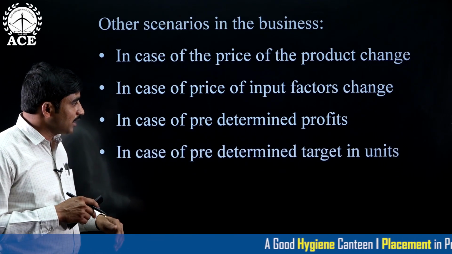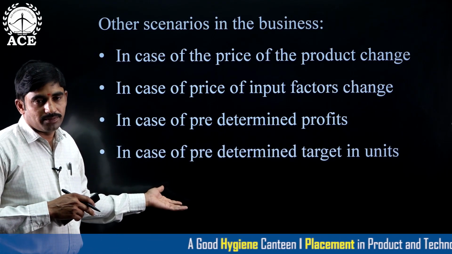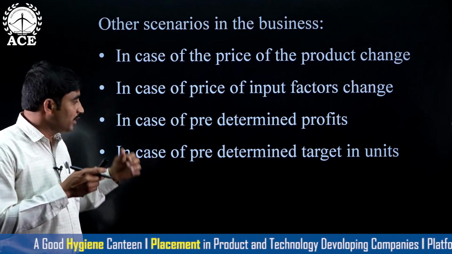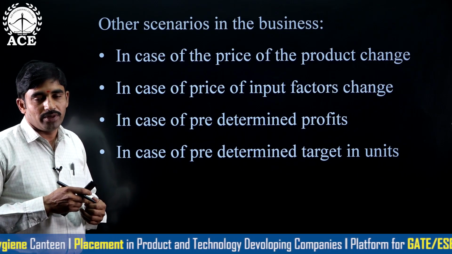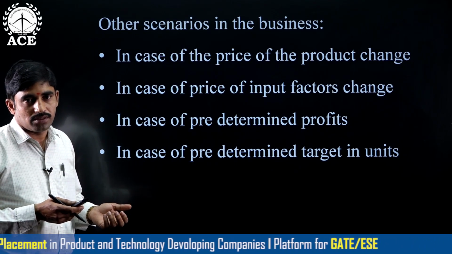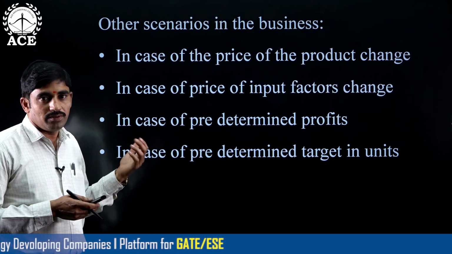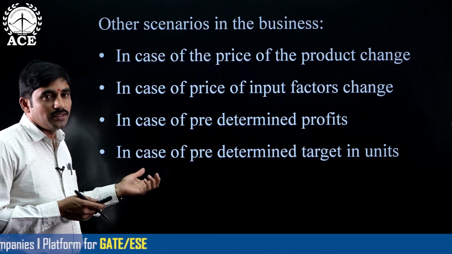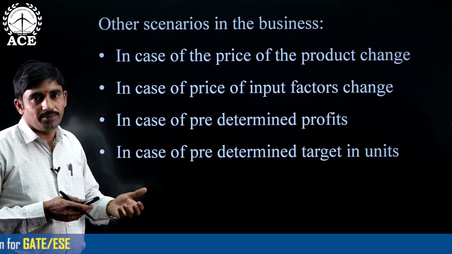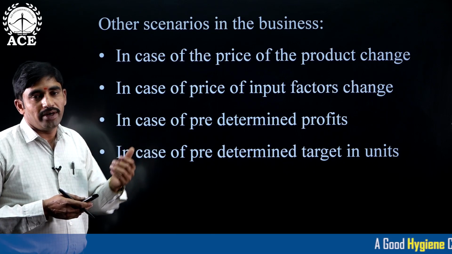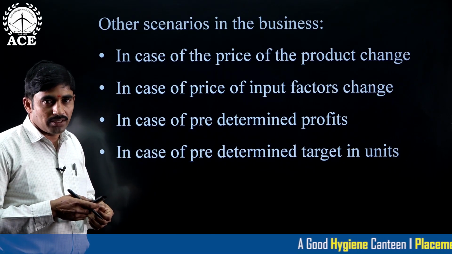In case of predetermined targets in terms of units, if we have desired production, accordingly we can calculate the break-even point in order to avoid the losses. So this is the beauty of the break-even analysis concept. Whatever the changes that occur in the business, we can easily apply the break-even point to avoid the losses and attain the break-even point.